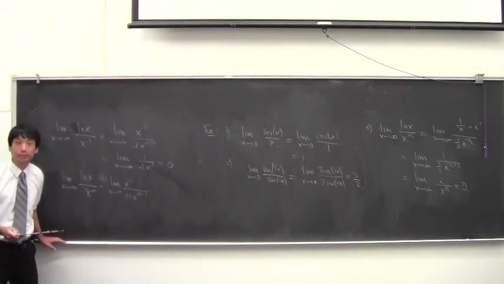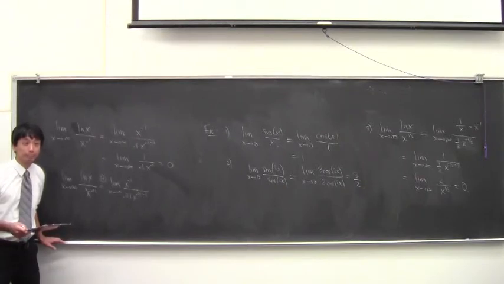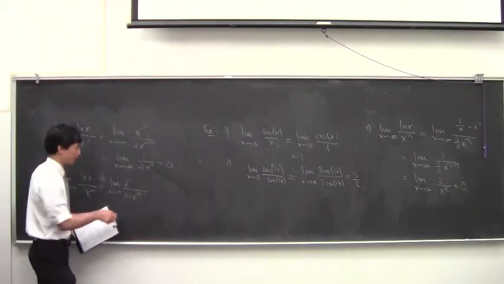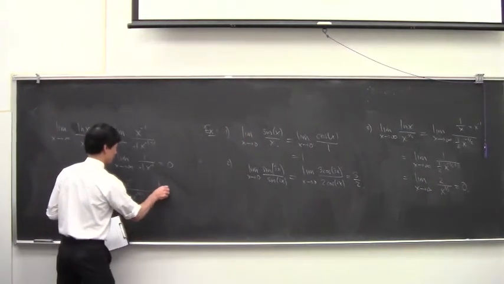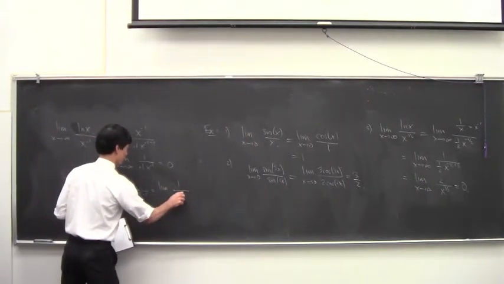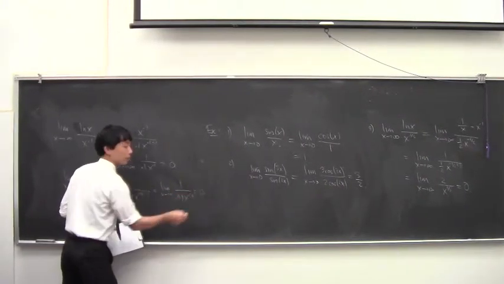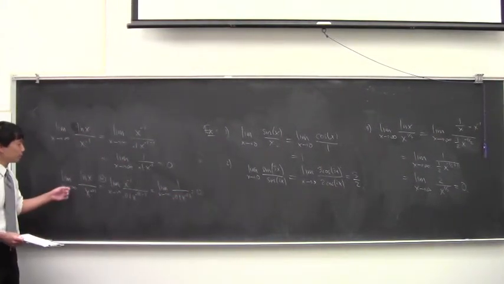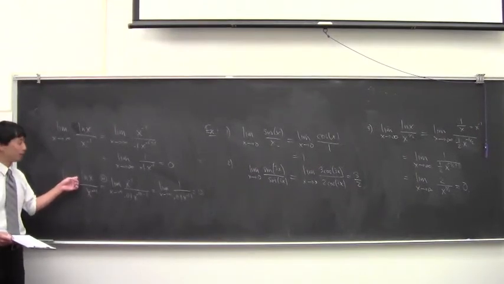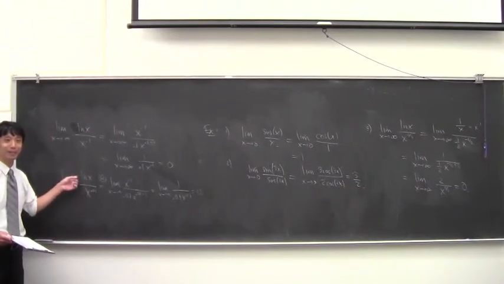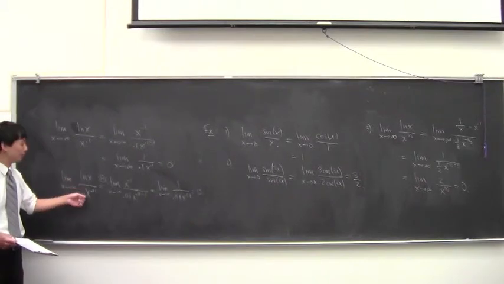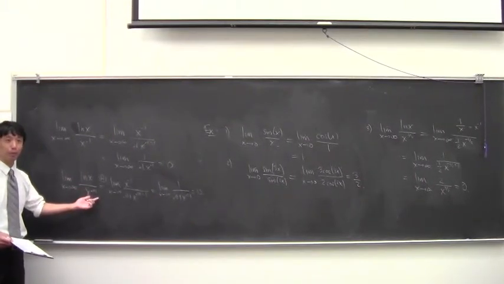It still goes to 0, because you get the limit of 1 over 0.01 x to the 0.01 as x goes to infinity. That's 0 again. What does this say about the natural log? The natural log loses to everybody, right?